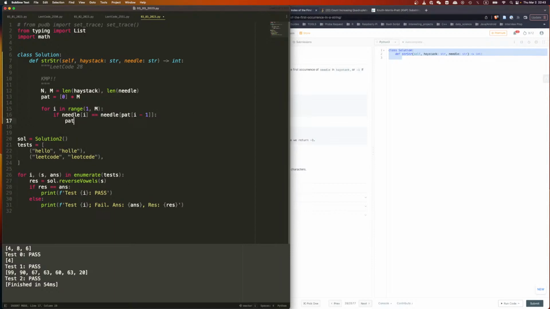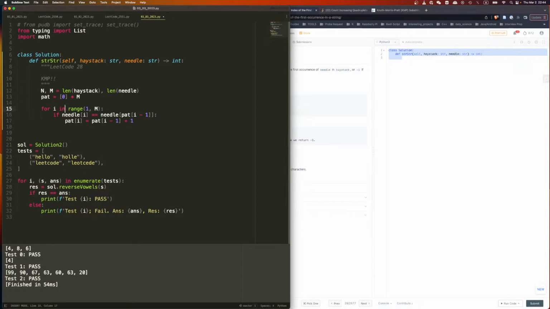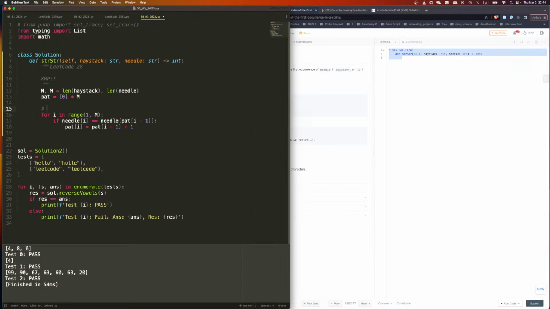Then pattern i shall equal pattern i minus 1 plus 1. So if it's 0, then we check with 0. If it's 1, we check with position 1, right? So we do this. So this is to get the pattern.